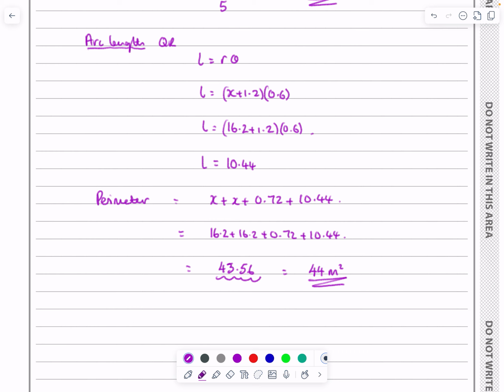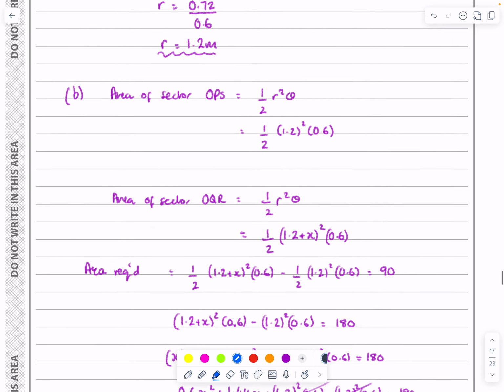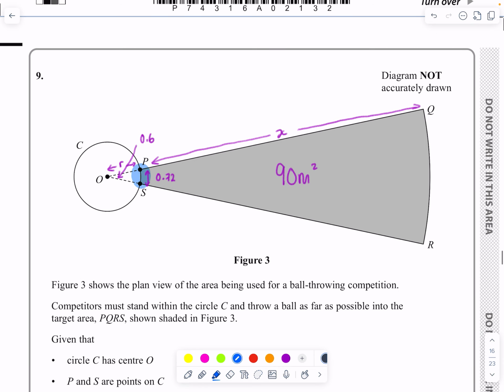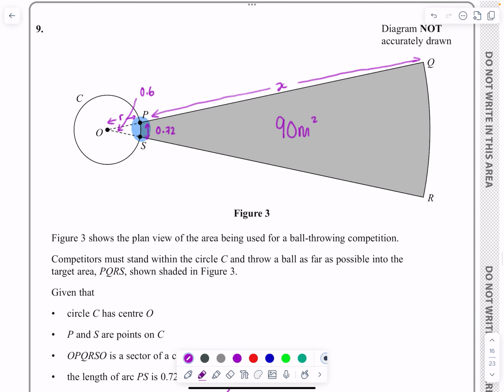But my advice is to basically keep the number in your calculator right till the very end, and then just do it to the right number of decimal places or significant figures at the very, very end here. But we don't need to worry too much because they've allowed for that in terms of the answer scheme and what they've said that they will accept as a reasonable answer.